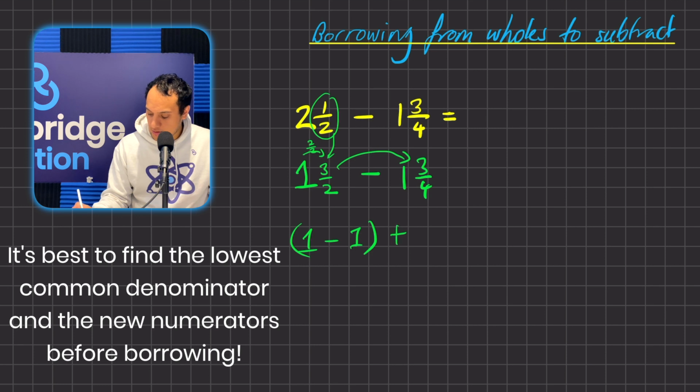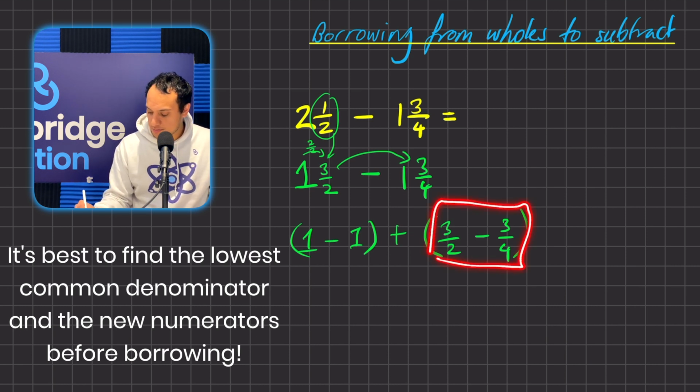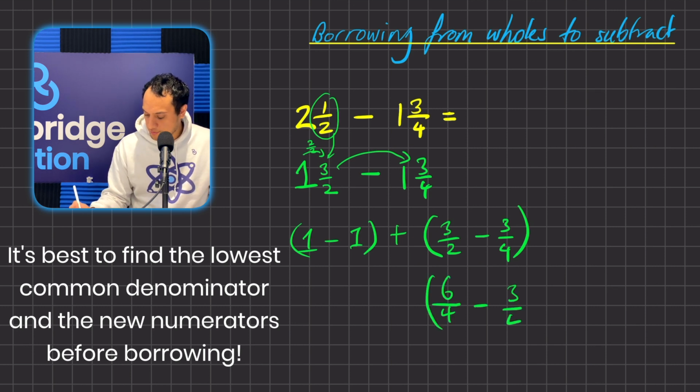And then we're going to do our subtraction, which is 3/2, take away 3/4. Our lowest common multiple of 2 and 4 is 4. Therefore, we can rewrite these fractions as 6/4 and 3/4.